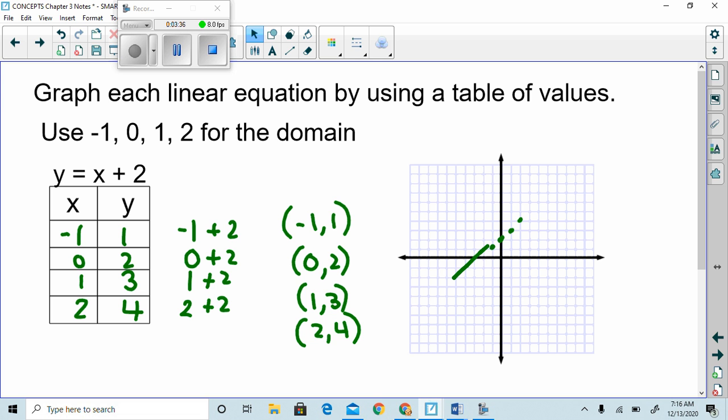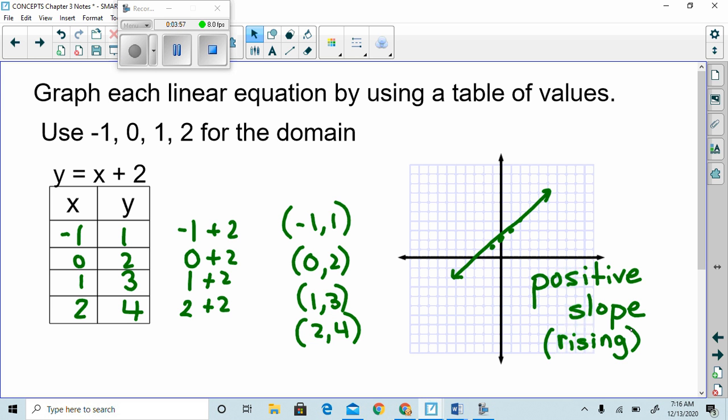Connect your points, put your arrows at both ends, and you should be able to tell me that this line has a positive slope. Positive slope because it's rising from left to right. Okay, so there's your function table, and we could practice others if you'd like in class, but this is just a quick review to help you prepare.